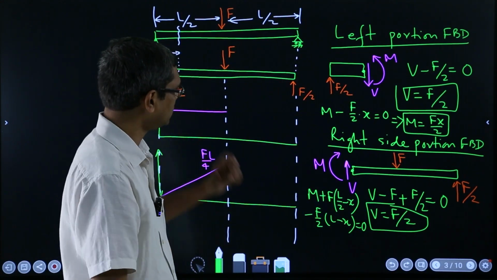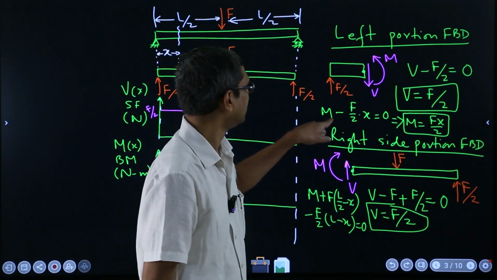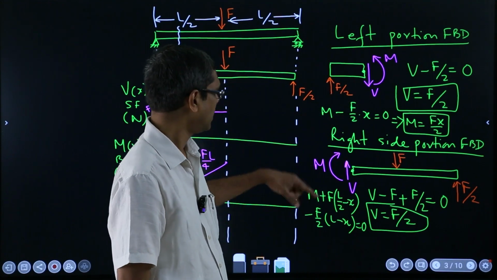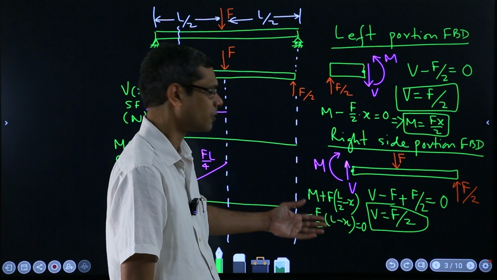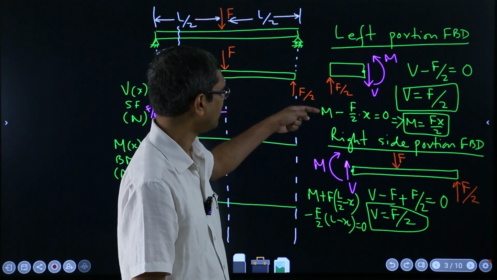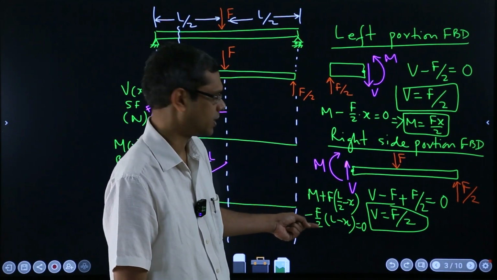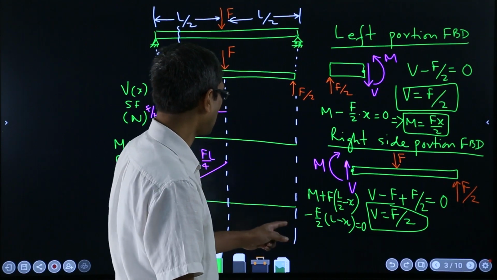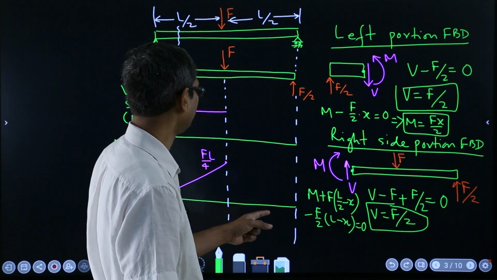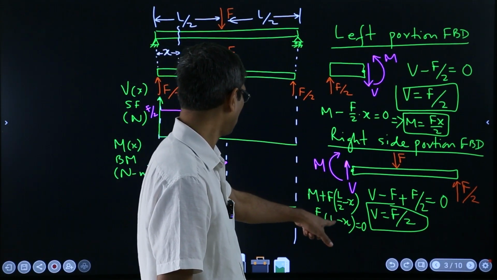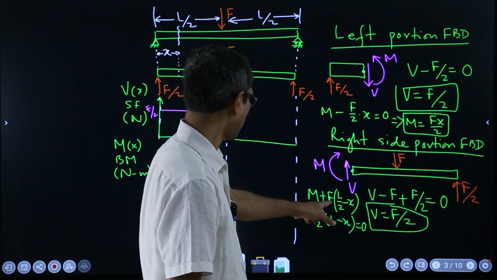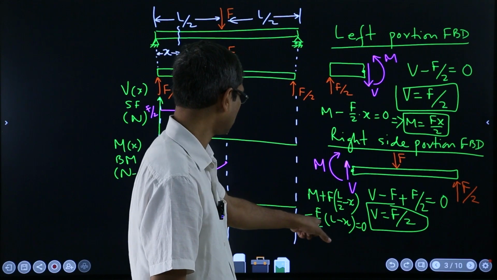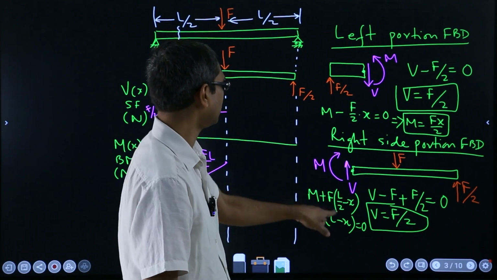So you just saw this now. This equation was very simple and this equation is a bit clumsy, though it is not very clumsy, but as compared to this it is complicated, right. But let's see, are we getting the same thing here? So FL over 2 and FL over 2 cancel out, and then here minus Fx and here plus Fx over 2, so minus Fx over 2.